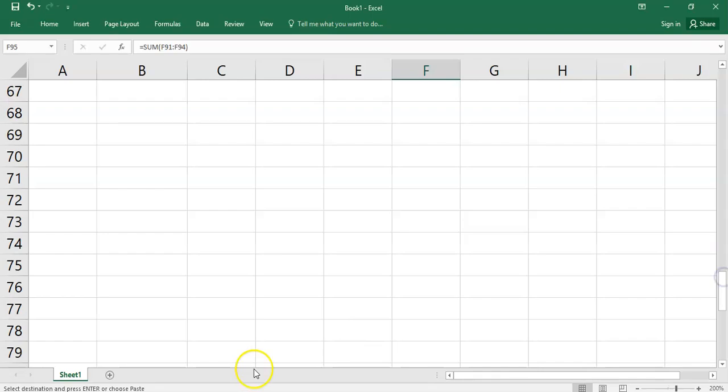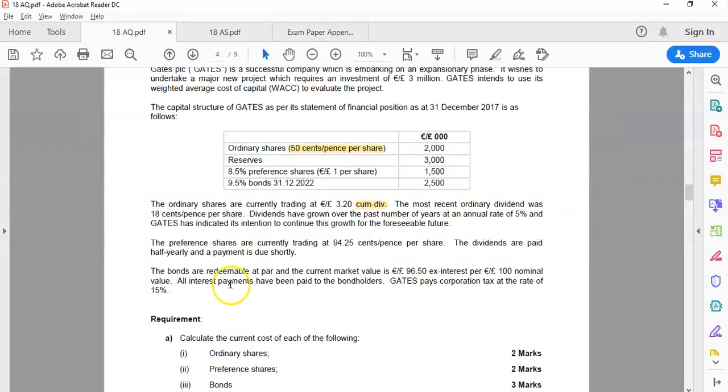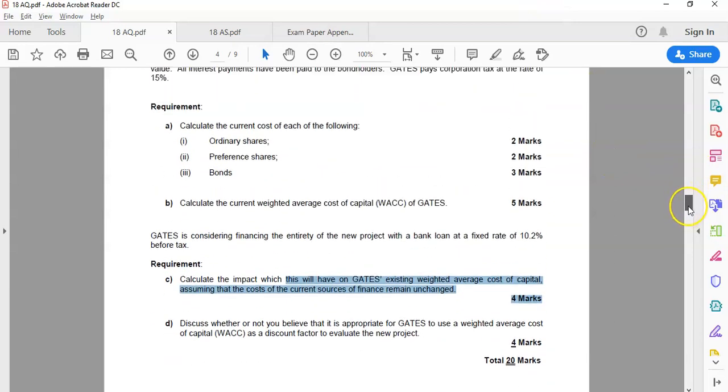So the key requirements there, it will be suitable to use WACC as long as the new project is the same type of business risk as the current, it's the same type of financial risk, and it's also relatively small with respect to the overall business. So for example, if you were doubling the business capital invested, WACC may not be appropriate. You'd have to do a bit more of a specific calculation. But you're expecting there probably 3 to 4 decent points to get your 4 marks as well.